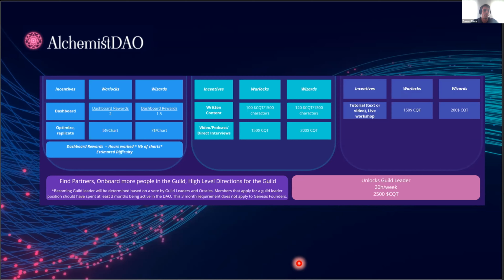So the 3 months thing is not for Genesis founders. Yeah, and this is a higher base salary, and it comes with bonus rewards too, but it's more based on finding partners and onboarding people and everything else. So yeah, that's the onboarding process.